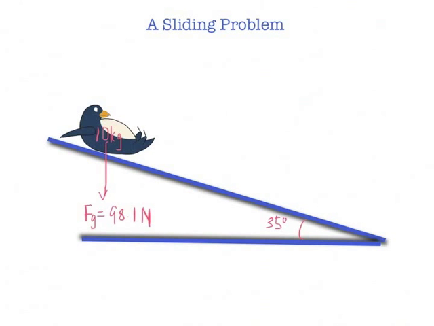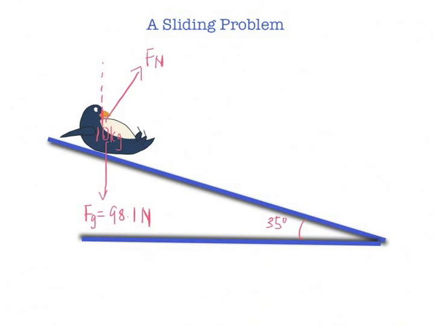But since the normal force has to be perpendicular to the surface, and in this case the surface is at an angle, essentially tilted clockwise by 35 degrees, our normal force would also have to be equivalently tilted by 35 degrees in a clockwise direction.